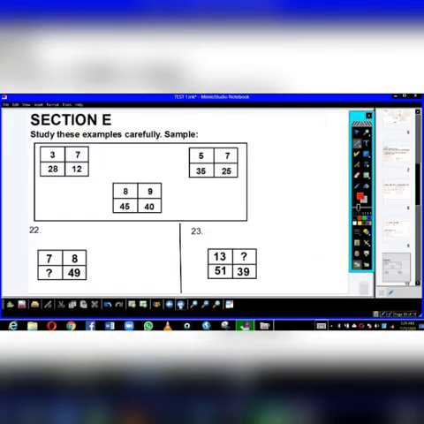Now let's proceed to section E. Here we are going to carefully look at the examples before we proceed. 12 divided by 3 is equals to 4. Use this 4 to multiply 7, and that will give us 28. Now we can equally apply the same thing by saying 28 divided by 7 is equals to 4.